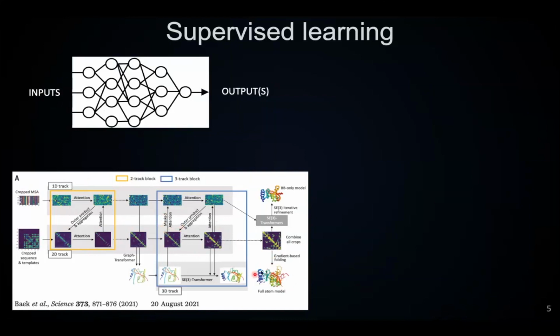And then the output is the full atomic model for the protein, okay? And again, if we understand the shape of the proteins, we can design drugs that target specific diseases. We can understand mutations that can cause disease. It is a really ginormous scientific challenge. So that's an example.